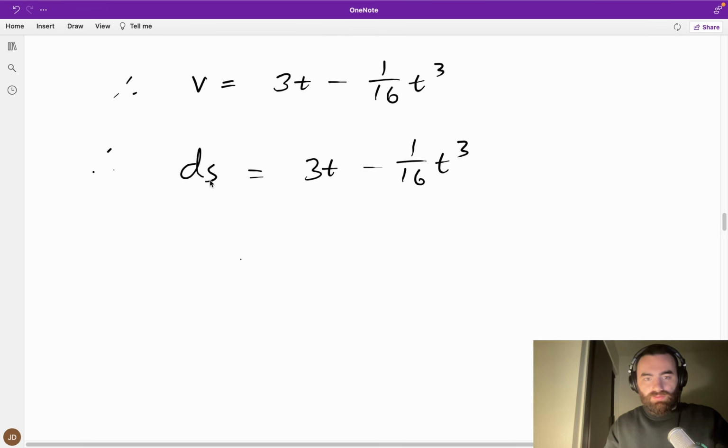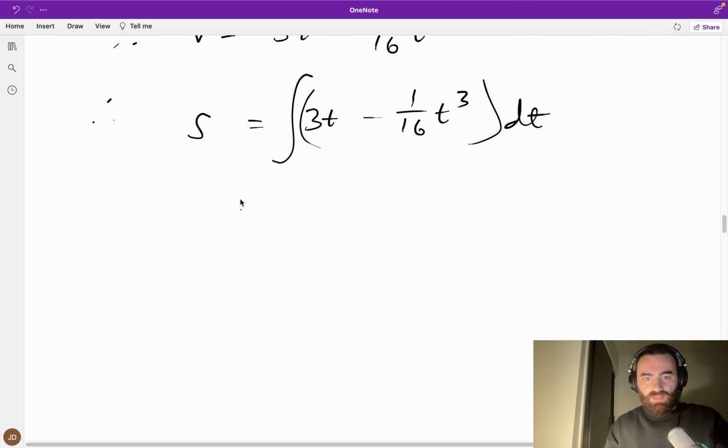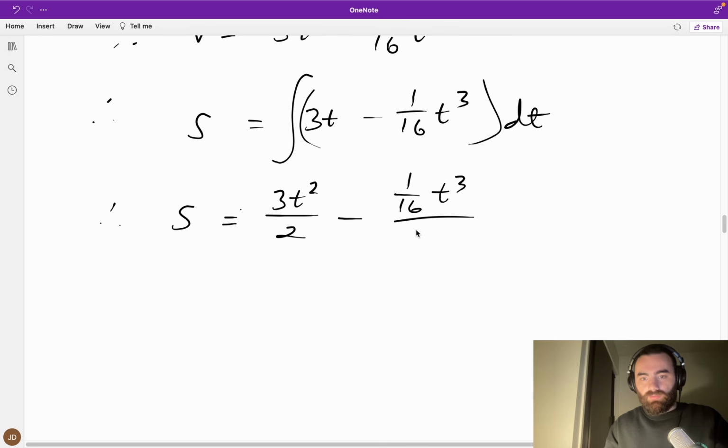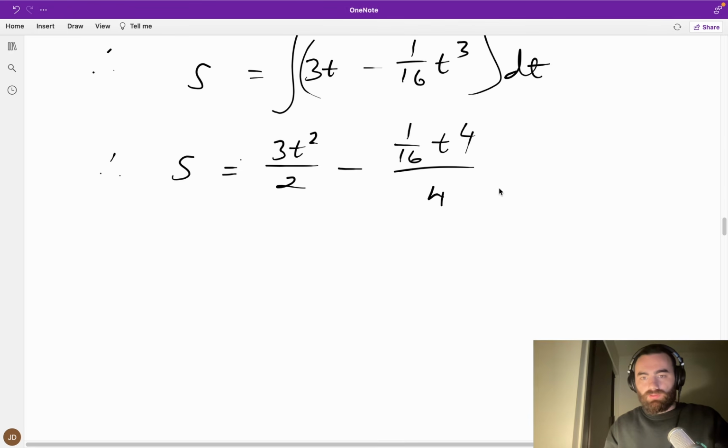So ds times this, dt, integral. This becomes s, so we get s equals this integrated, which is 3t squared over 2 minus 1 over 16 t to the 4 over 4, plus a new constant, let's call it d.